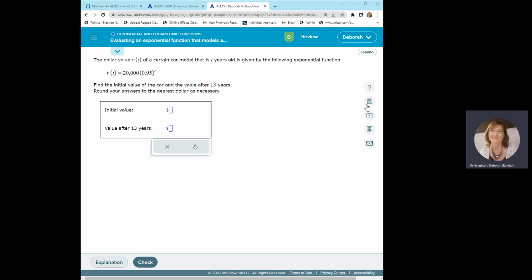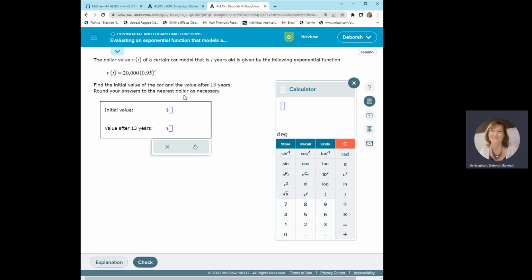So we want to do this using the calculator. The initial value is the value when t is 0. And so we go 20,000 parentheses 0.95 end parentheses.